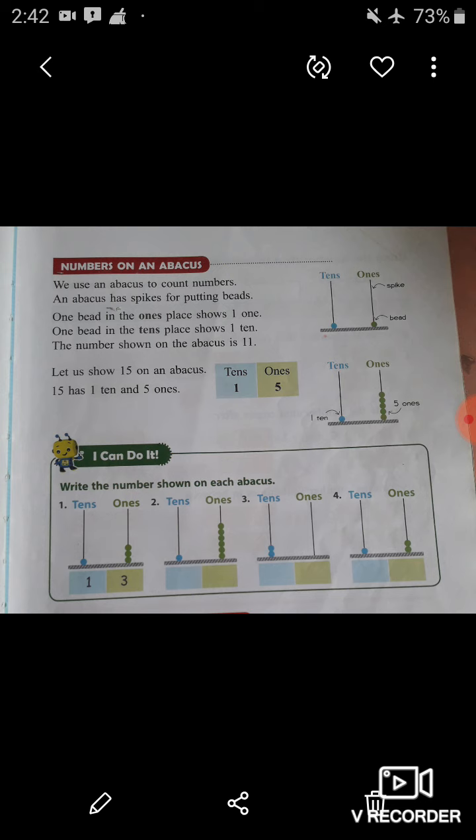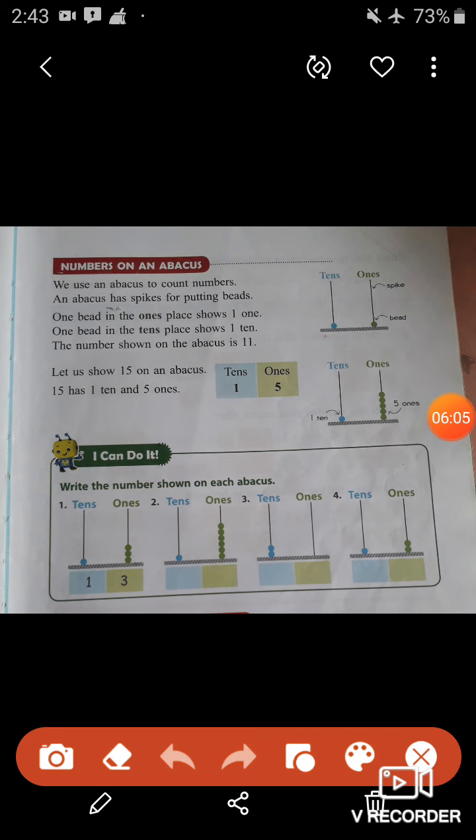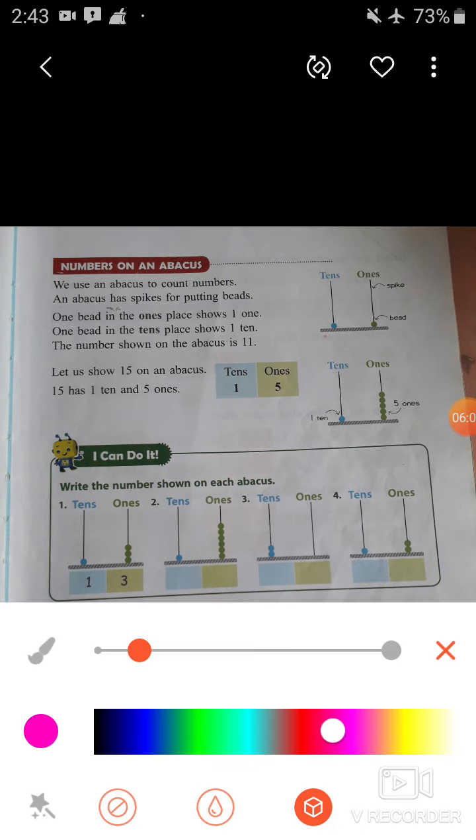As I taught you, an abacus has spikes for putting beads, shown in this picture. There are 2 spikes and one bead in both spikes.